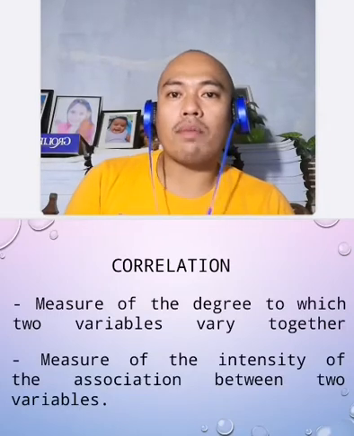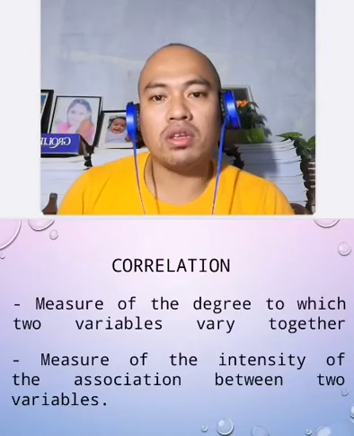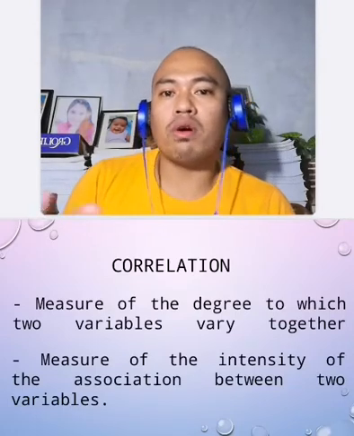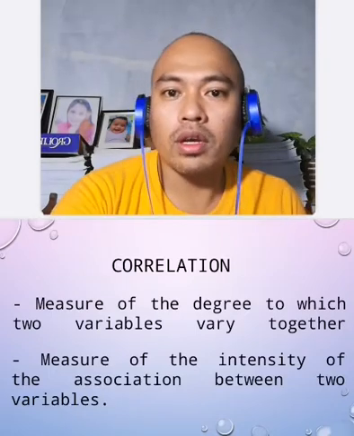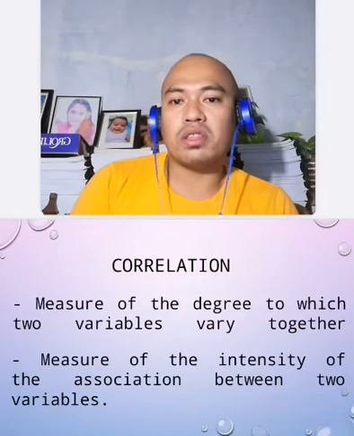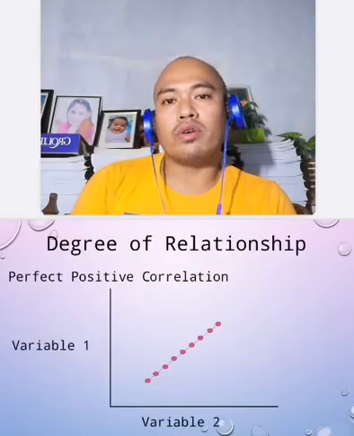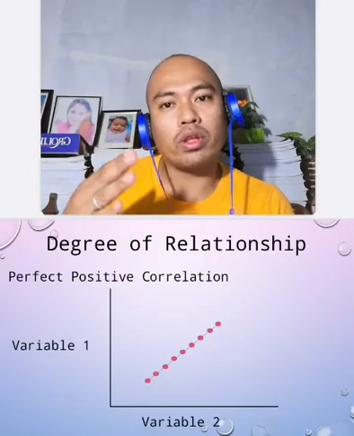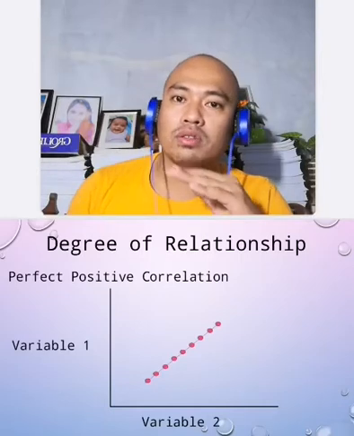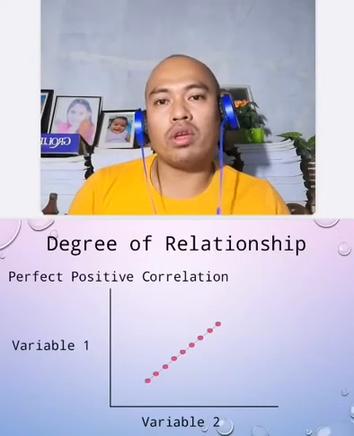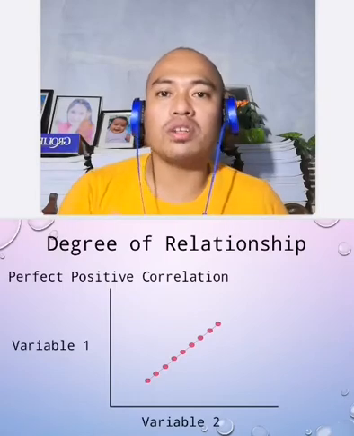As I was saying a while back, when we say correlation, it measures the degree to which two variables vary together. It also measures the intensity of the association between two variables. For us to at least know what specific intensity or what is the behavior of the graph, because we know when we are looking for the relationship between two variables, we are talking about a linear graph.